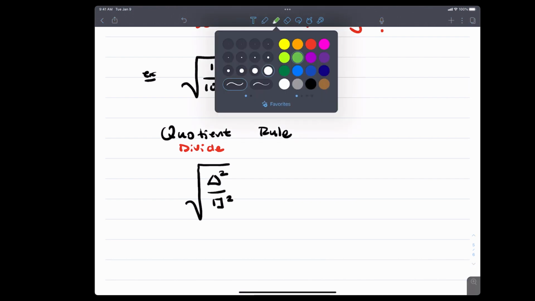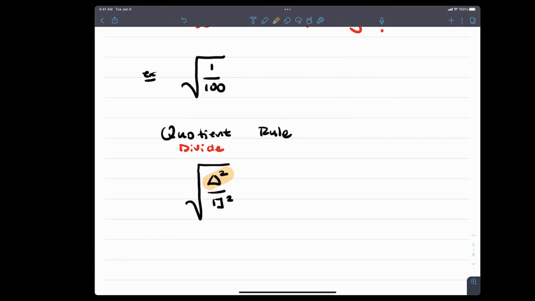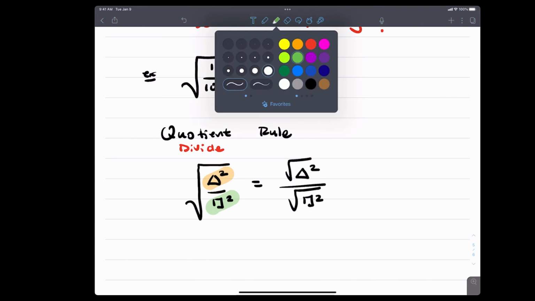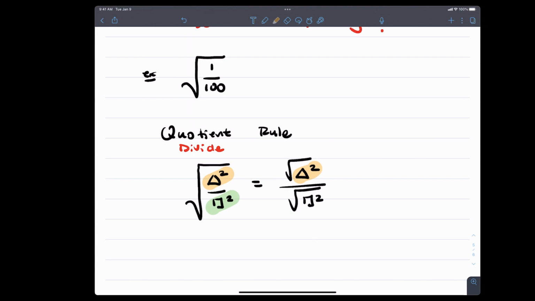Okay, you guys okay with this one? Your first perfect square, and now your second perfect square. What do you think you do? Like the product rule. Do them separately. Outstanding. Do them separately and divide. So here you guys go. Quotient rule.